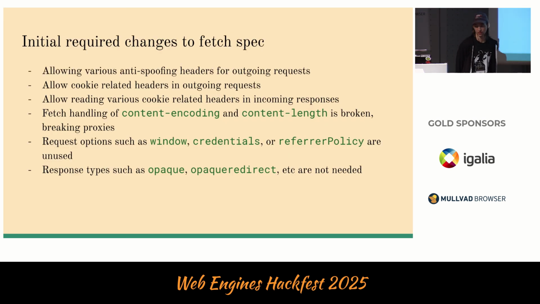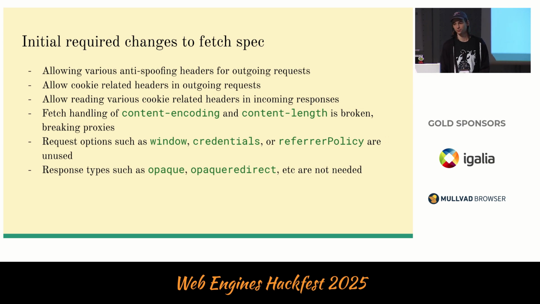So we've been working for the past couple months on figuring out what the initial required changes are to the fetch spec that we actually need to make this work well on servers. And we've been looking a lot at previous implementations of fetch on the server in Deno, in Node, in Cloudflare Workers, and figuring out what everybody has figured out by themselves so far.